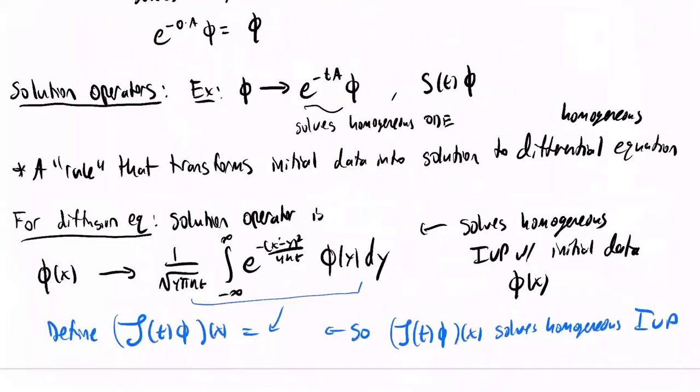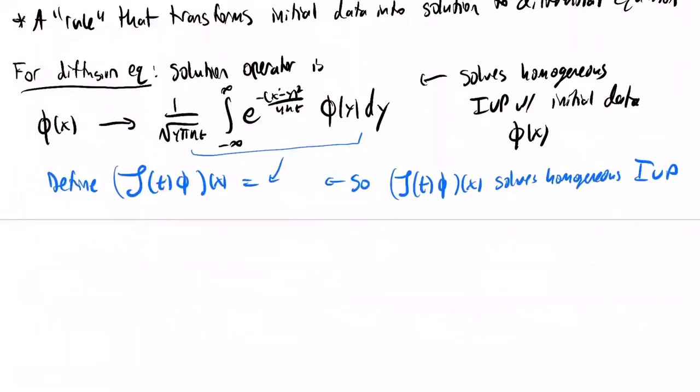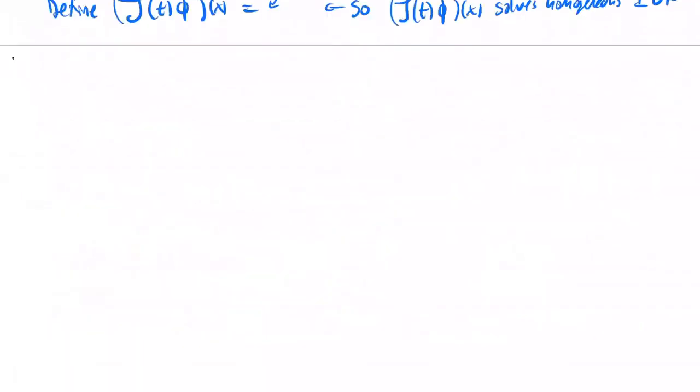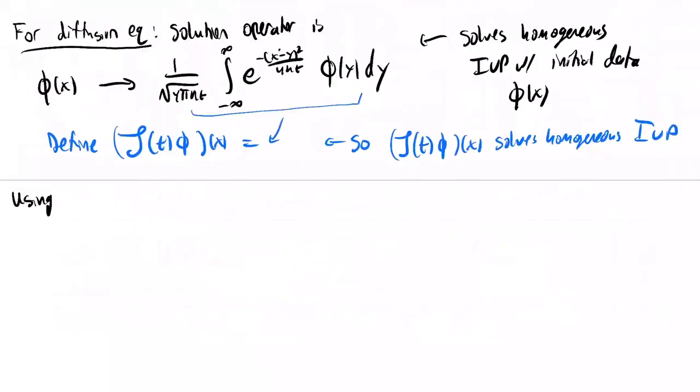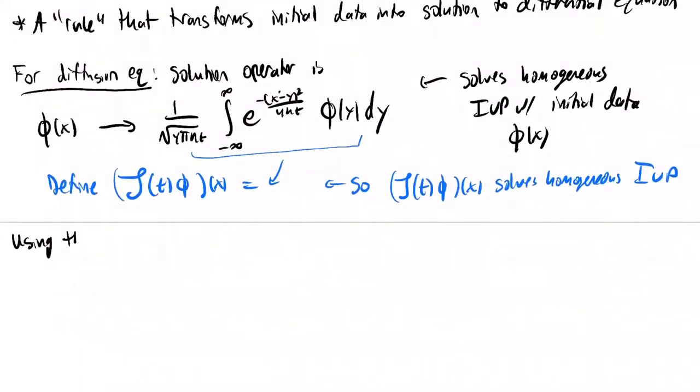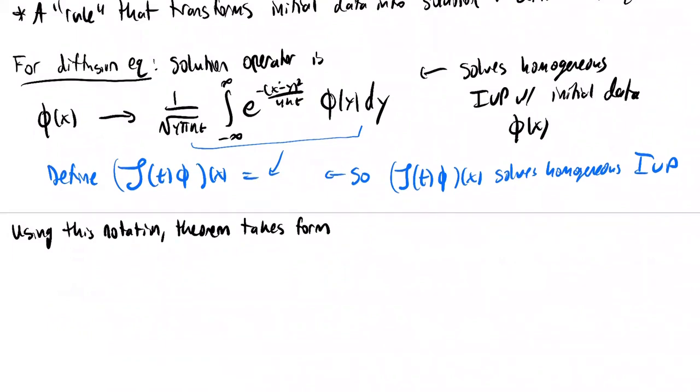And so the theorem, using this notation, takes the following form. u of x, t is equal to the solution operator at time t applied to my initial condition phi at x.